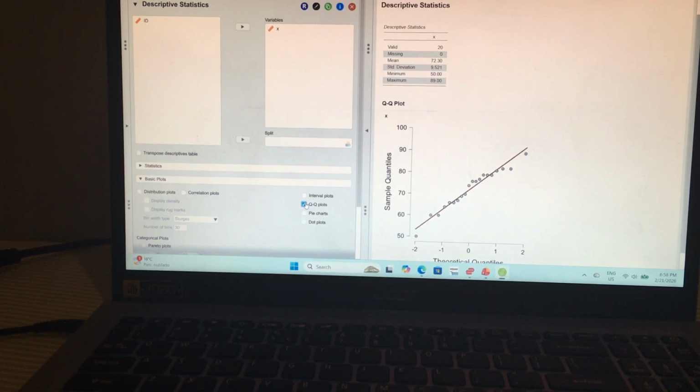So on page 25, panel A, we can see the histogram. In panel B, we can see the QQ plot, and we have to also examine that against panel C and panel D.